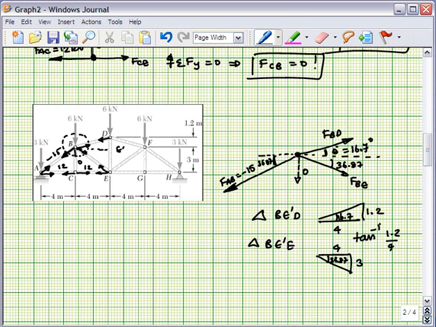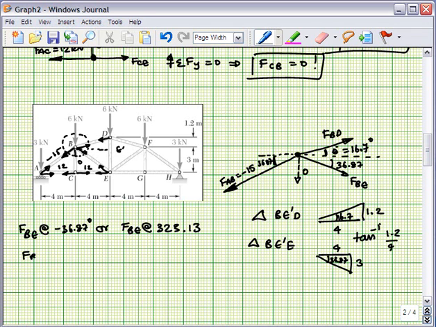So in this case, because we have so many angles and we don't want to make a sign error, I'm going to actually list all the forces. So I have FBE at minus 36.87, or I can also write FBE at 360 minus 36.87, 323.13. That's one of the forces.